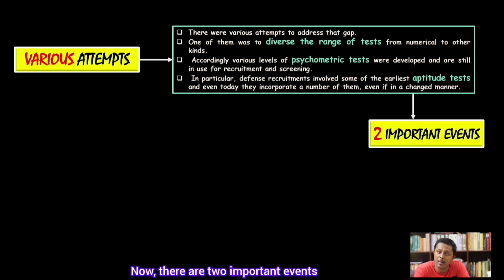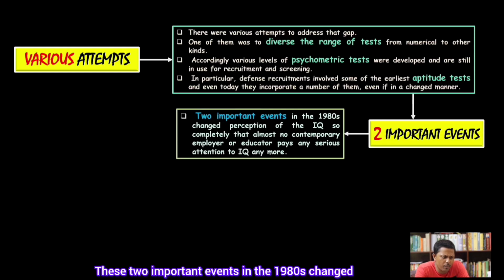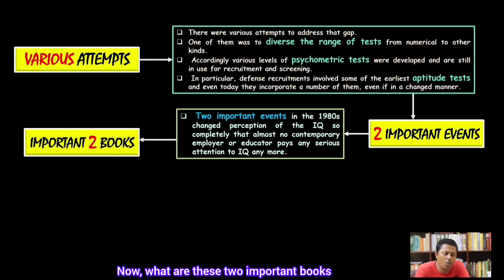Now there are two important events. These two important events in the 1980s changed the perception of IQ so completely that almost no contemporary employer or educator pays any serious attention to IQ anymore. Now, what are these? Two important books.